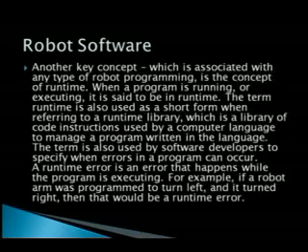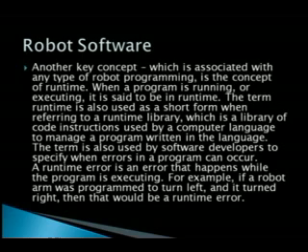Another key concept associated with any type of robot programming is the concept of runtime. When a program is running or executing, it is said to be in runtime. The term runtime is also used as a short form when referring to a runtime library, which is a library of code instructions used by a computer language to manage a program written in that language.